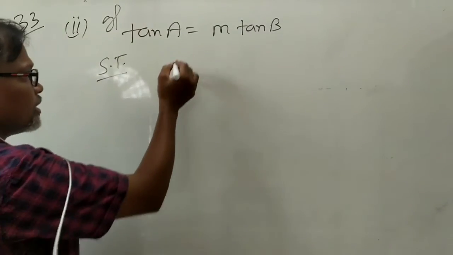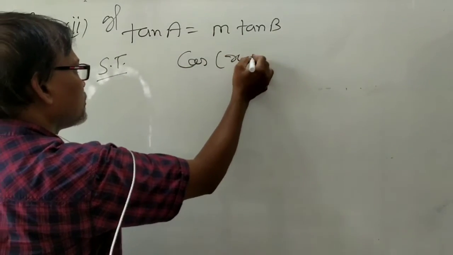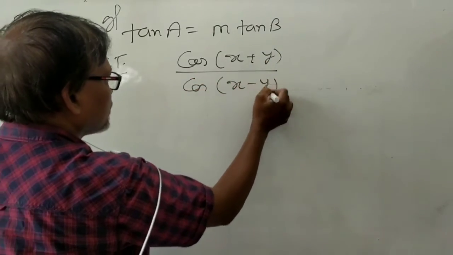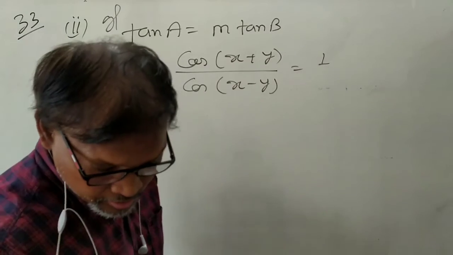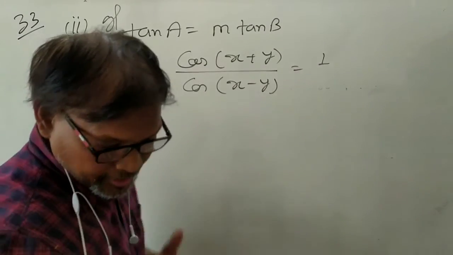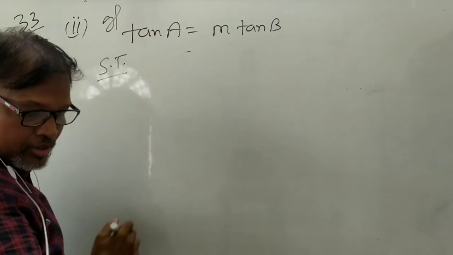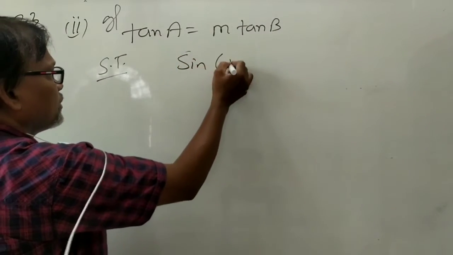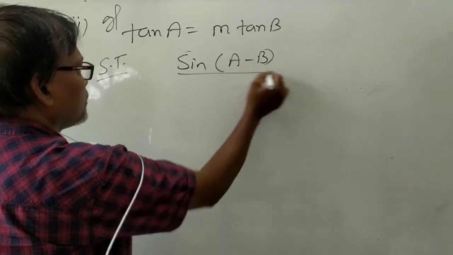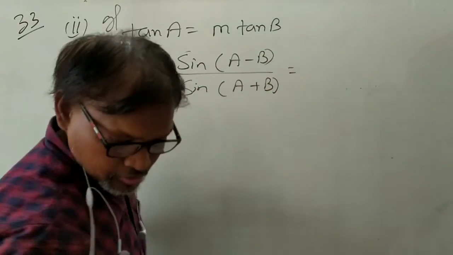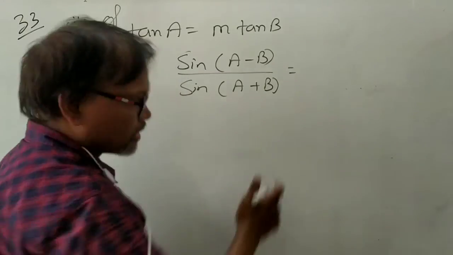Show that cos of x plus y upon cos of x minus y is equal to 1 upon... sin A minus B upon sin A plus B is equal to m minus 1 upon m plus 1.